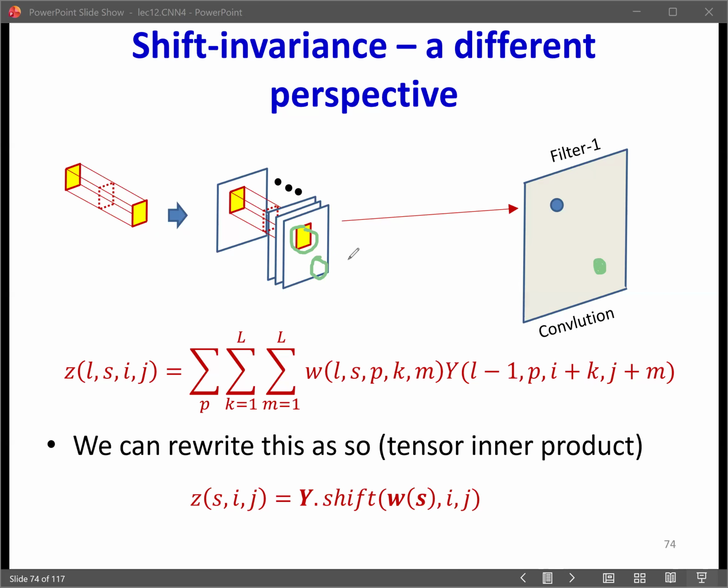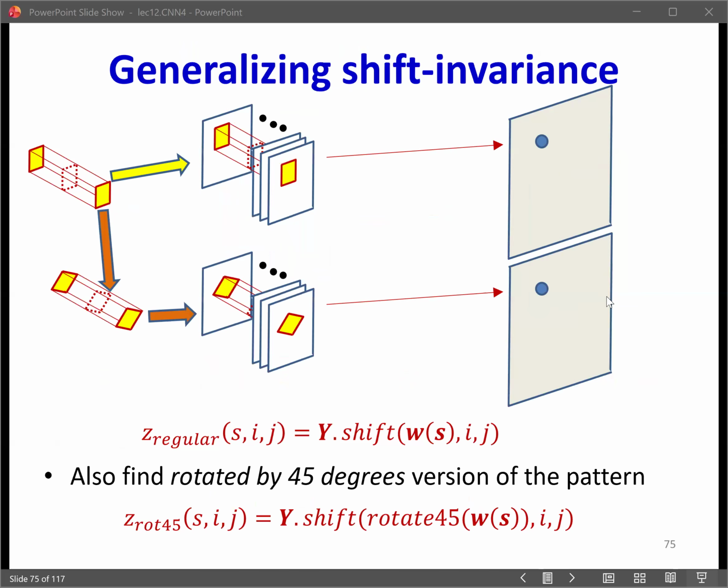How would I get rotation invariance? Using the same theory, you'd allow the filter to rotate. How would I get scaling invariance? You'd allow the filter to scale. Very simple. The concept is so pretty. So if I want to generalize shift invariance, in the original thing, z at a new position was y convolved with a shifted version of the filter to position ij.